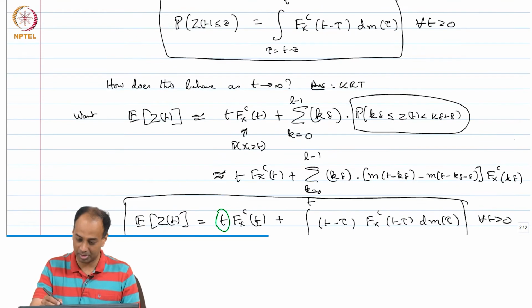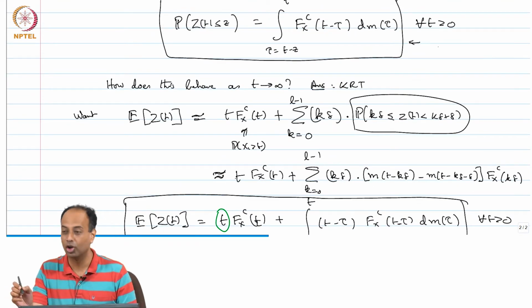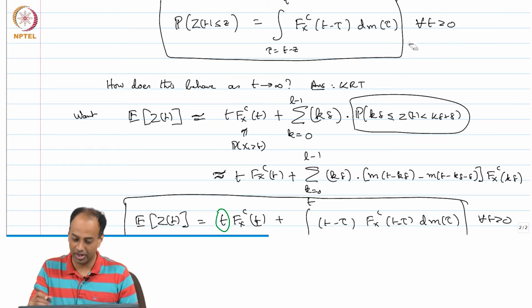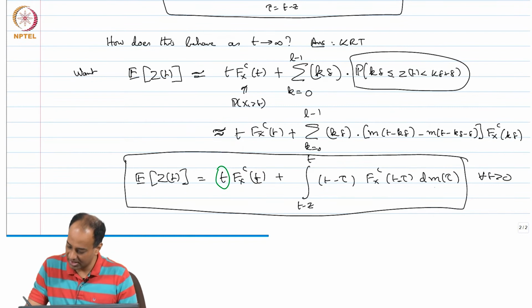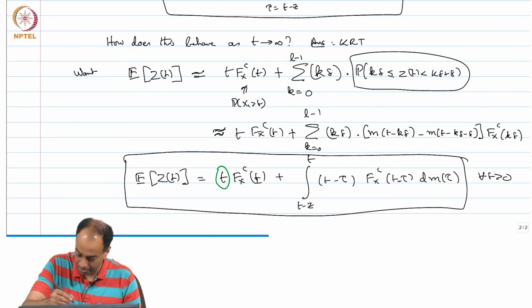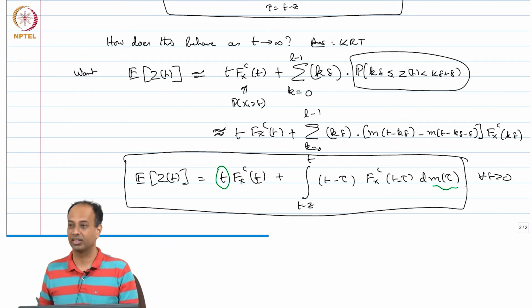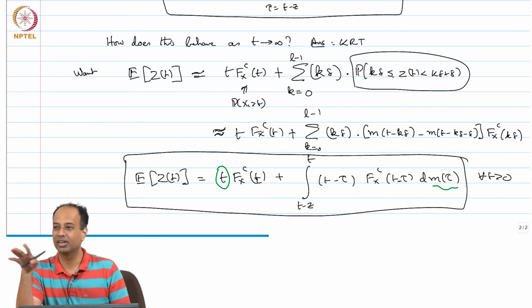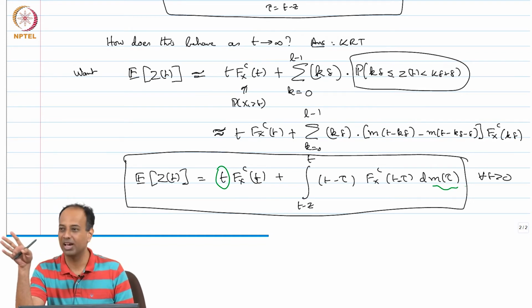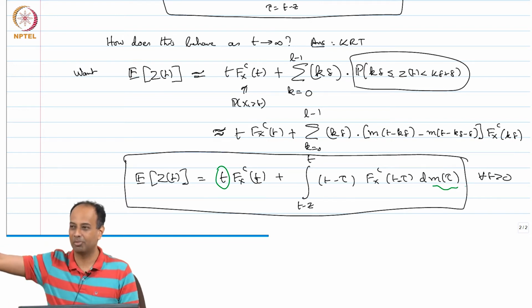Similarly, in this expression also, we want to know as t tends to infinity what does this integral go to. Intuitively, what does this m tau behave like? m t over t for large t behaves like 1 by x bar. So m t has t by x bar plus a bunch of other terms.